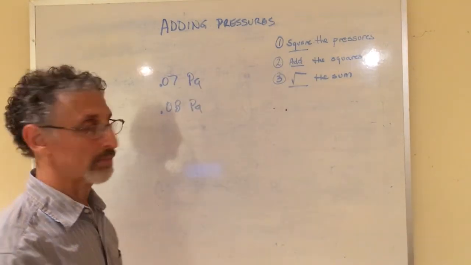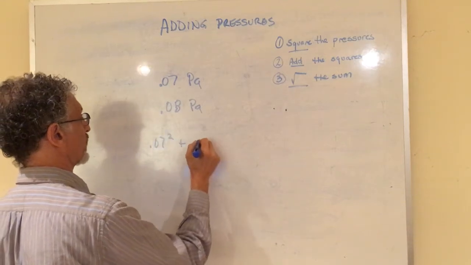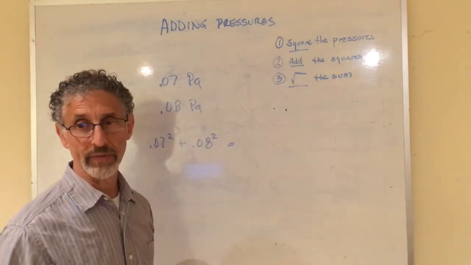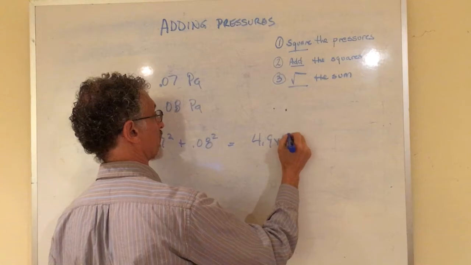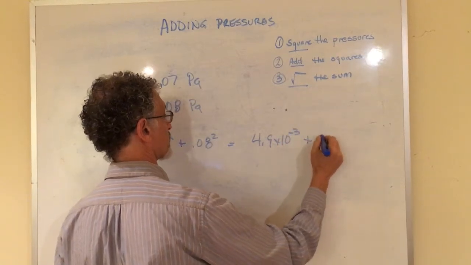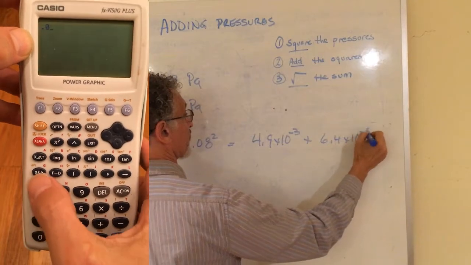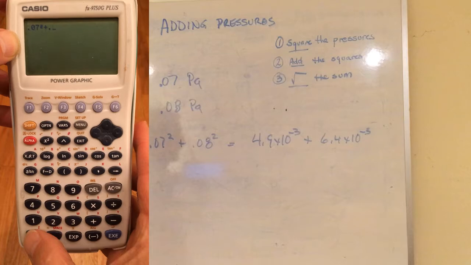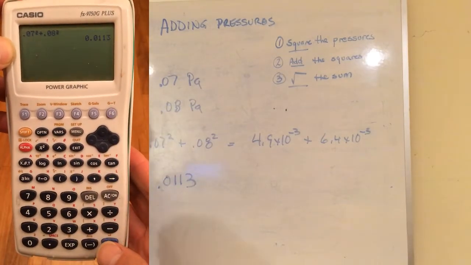So to square them, we do 0.07 squared plus 0.08 squared, and that will give us 4.9 times 10 to the minus third plus 6.4 times 10 to the minus third. So when we plug that into the calculator, we get 0.0113.